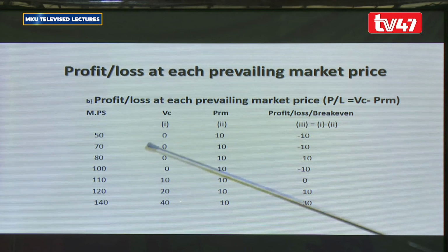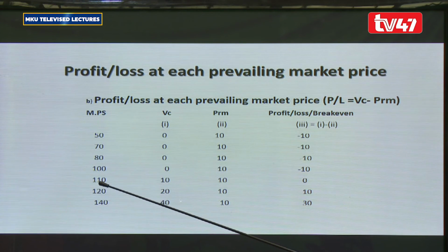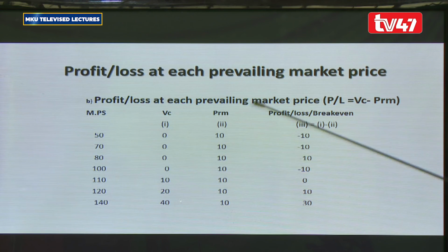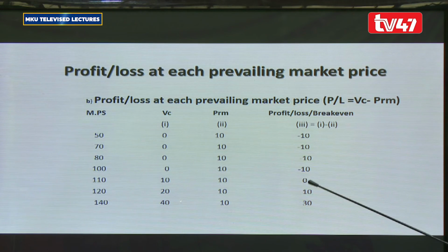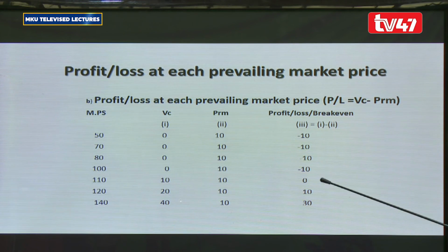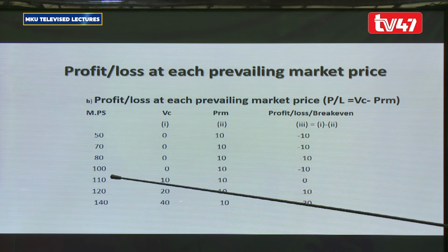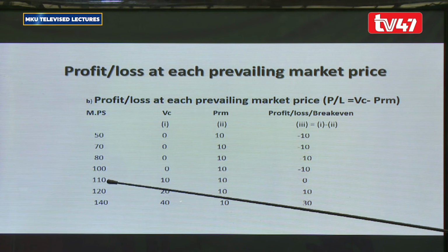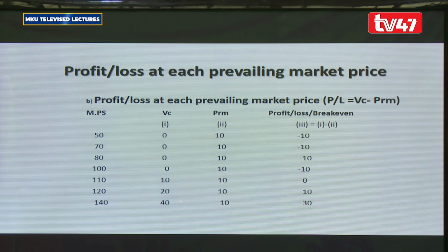But if we come to when the market price is 110, you can realize that it is 0, meaning that you are not making a loss or a profit. You are at a break-even point. But immediately the market price goes above 110, it implies now the right holder is above the break-even point.